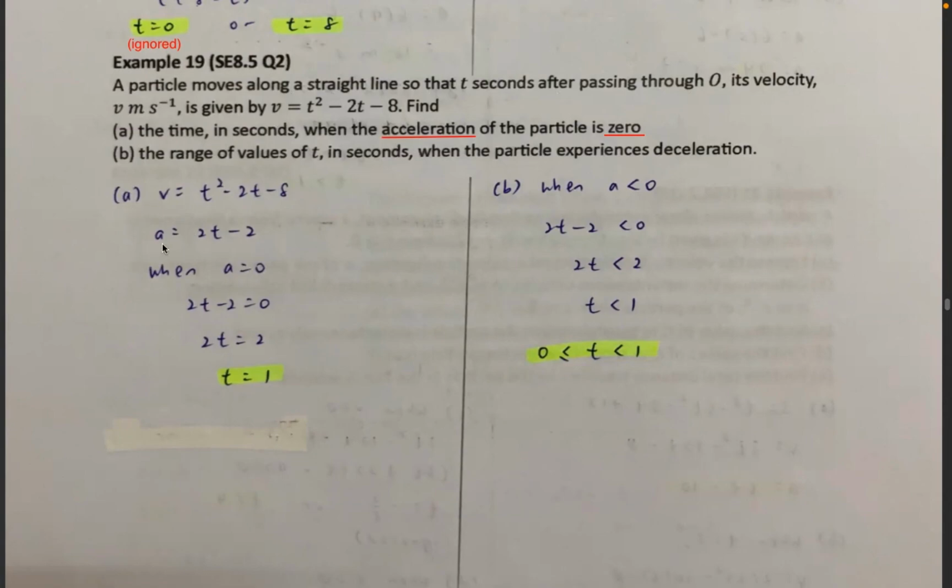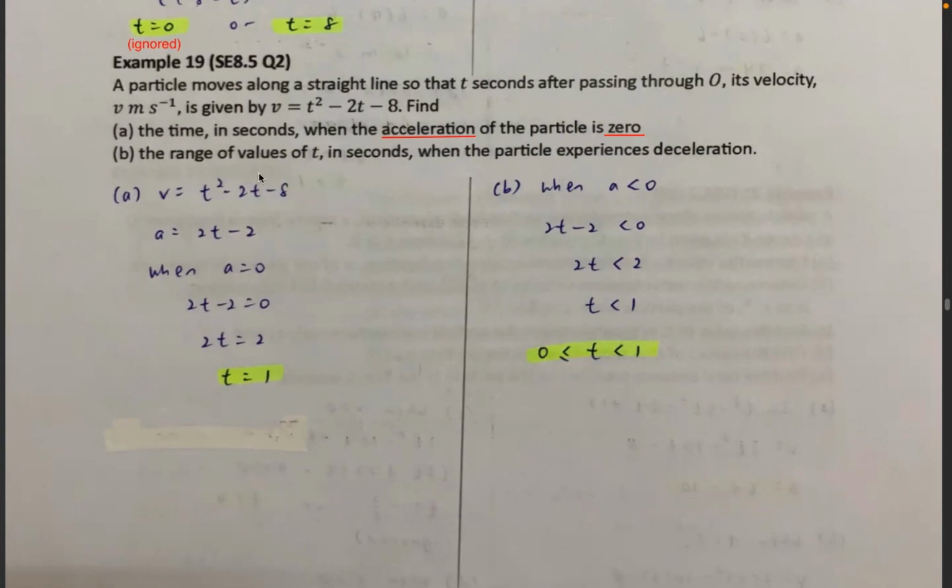So we do differentiation to get acceleration function. So a equals to, after we differentiate, we have 2t minus 2. Then let's check the question again. They say when acceleration is 0. So we let a, that means 2t minus 2 equals to 0. Then we have answer t equals to 1.